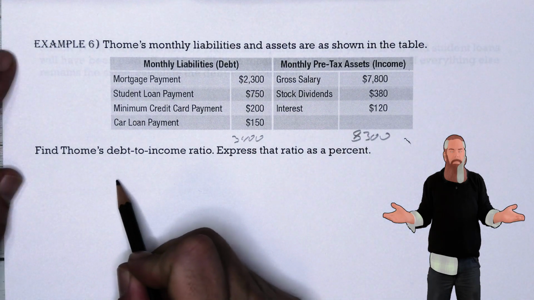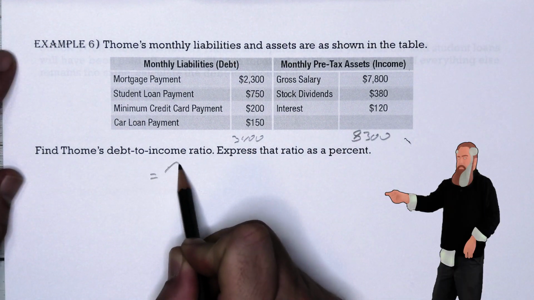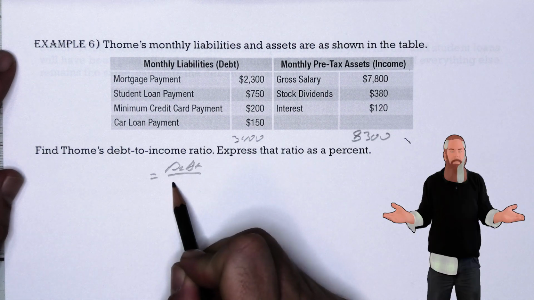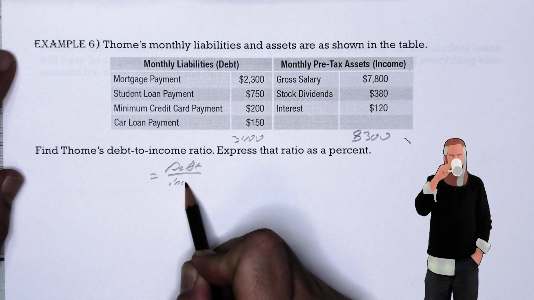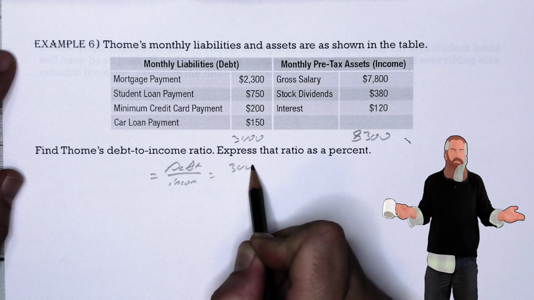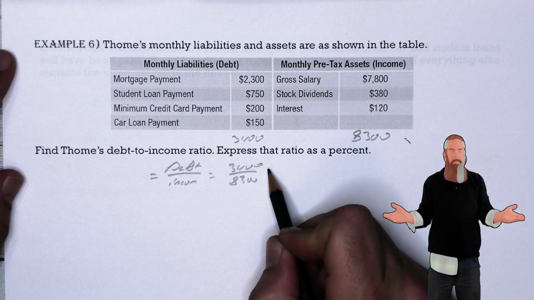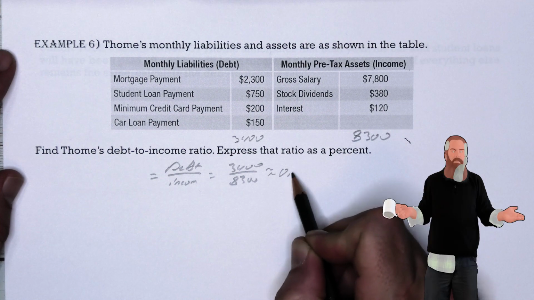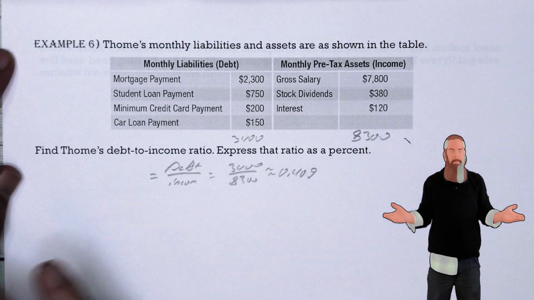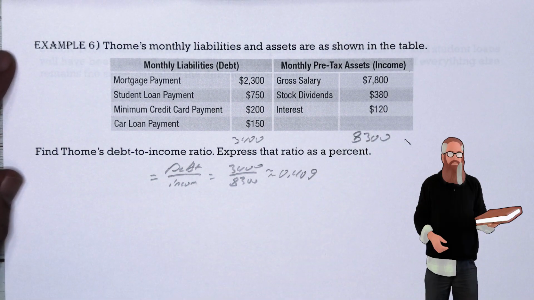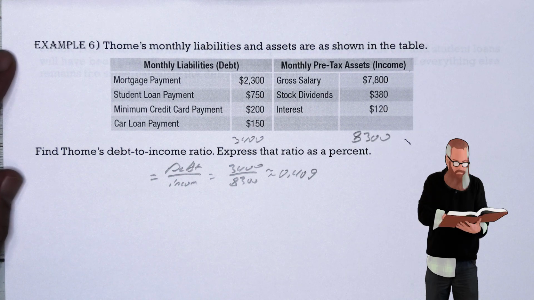Now, the debt to income ratio is their debt divided by their pre-tax income. So, 3,400 divided by 8,300 gives us approximately 0.409, meaning Thome's debt to income ratio is approximately 40.9%, which is very high.